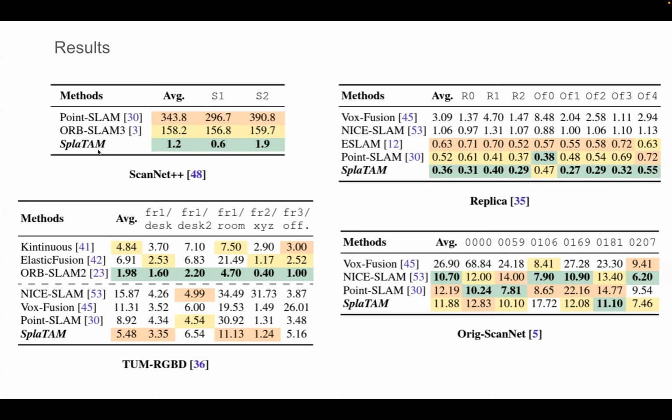And they show it on 3 different data sets shown here. The metrics, I think, is the difference in trajectory in centimeter. And these are the different scenes.